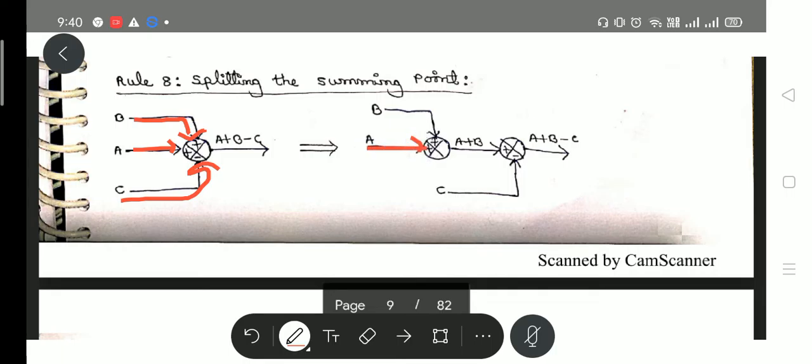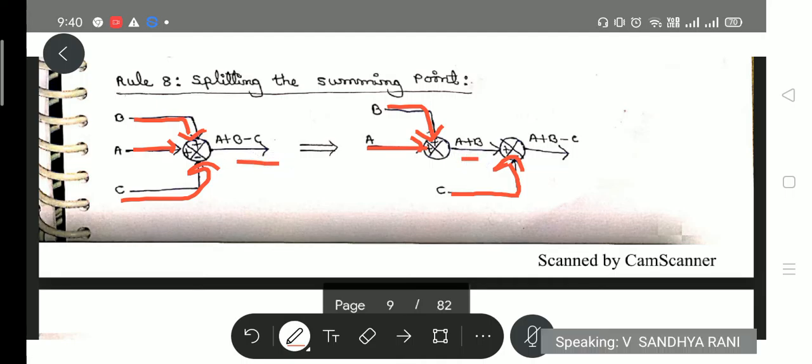I am taking A, B at one summing point and C at another summing point. Here the input of the C summing point is A plus B, and this is C. So A plus B minus C. The output is the same. Whether splitting or interchanging the summing points, the output is the same.